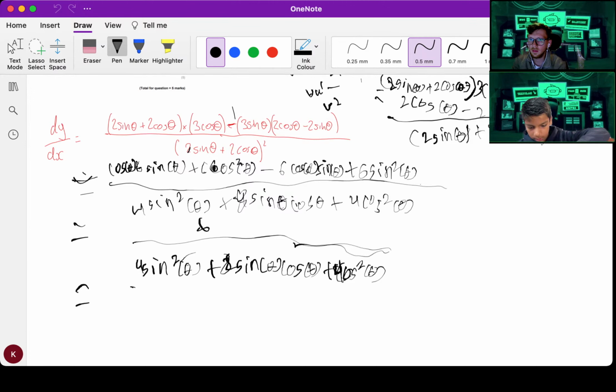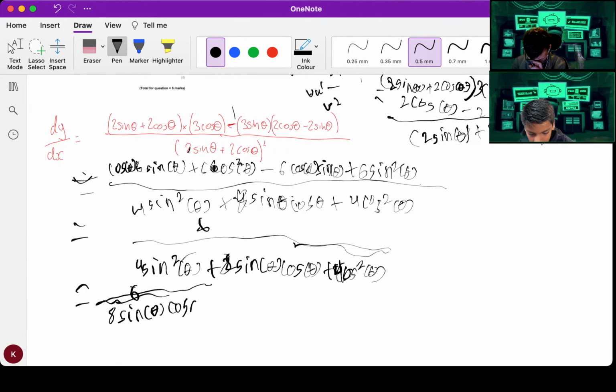So then sine squared plus cos squared is 1, so then that's 6 divided by 8 sine theta cos theta plus 4. Good. Yeah, so 6 over 8 sine theta cos theta plus 4.